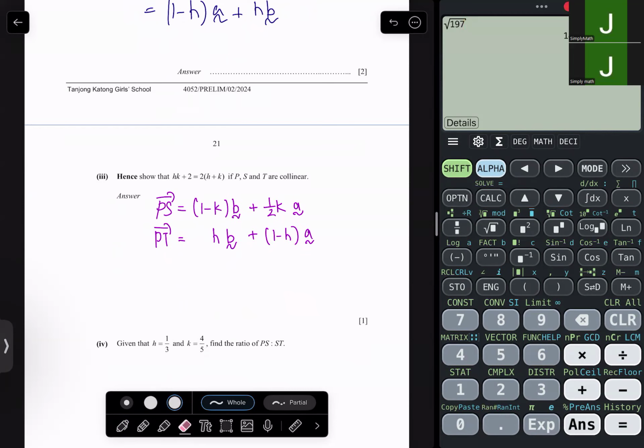They have the same base vectors. Their lines are in ratio, and since they are collinear, they must be in the same ratio.